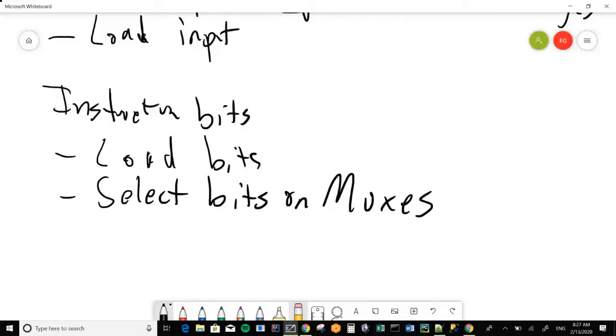But what I do want to do is review the 16 bits that constitute a Hack instruction, so that you can start putting together in your own minds how the architecture we looked at last time relates to the task that lies ahead of you now. All know where we're going? All right, cool. So let's review.